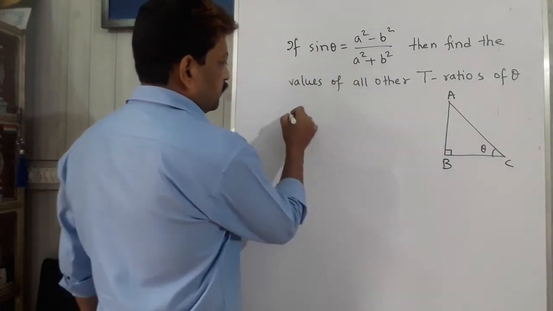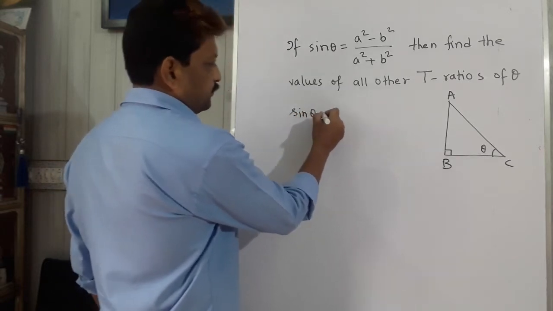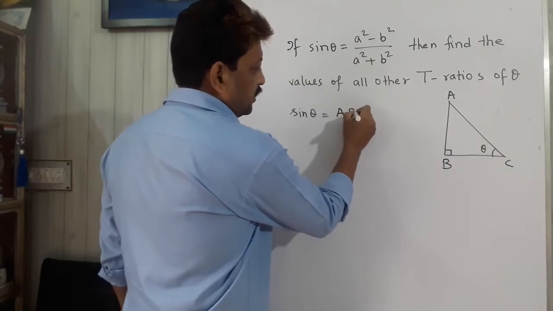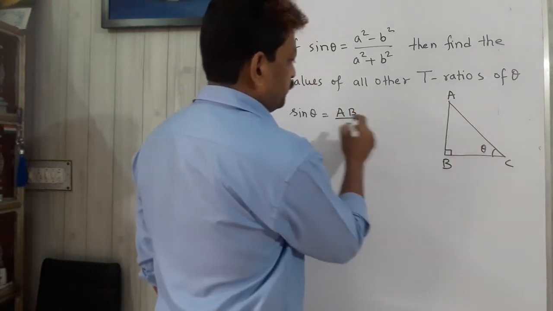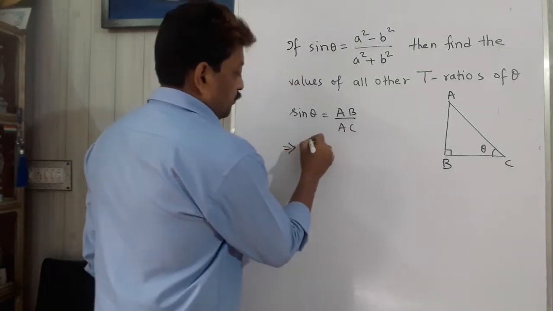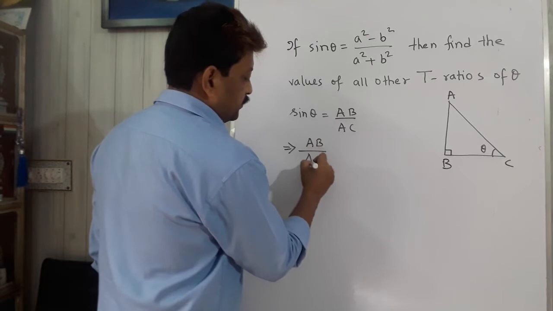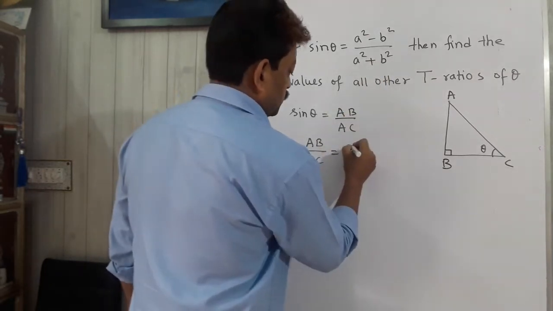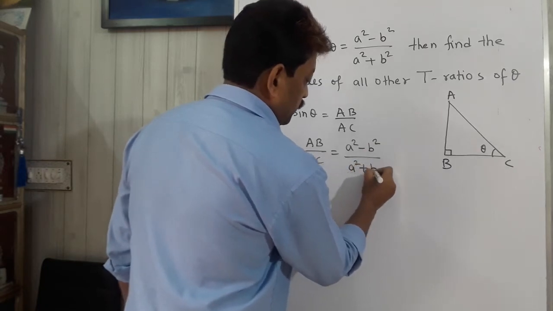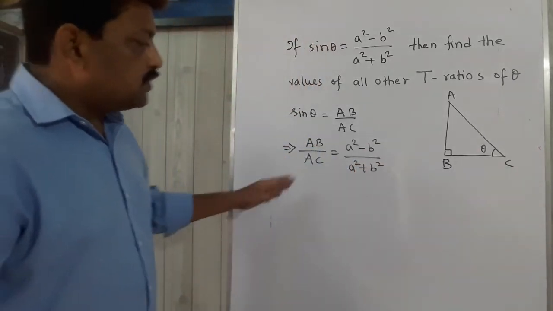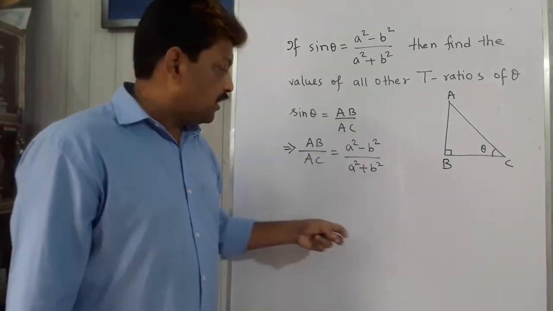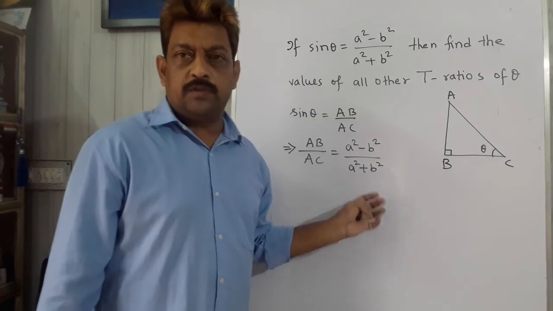So see this figure. What is sin theta equal to? Sin theta is equal to perpendicular upon hypotenuse. That means perpendicular upon hypotenuse is equal to a square minus b square upon a square plus b square. So it is quite clear from the figure that AB is a square minus b square and AC is a square plus b square.